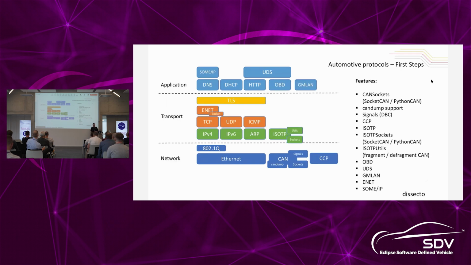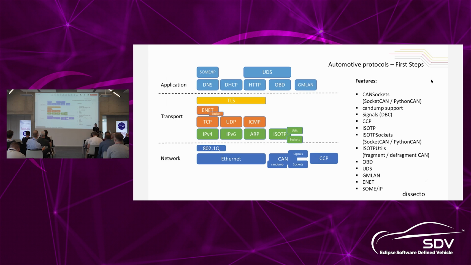And here we see what happened in the next few years. We got full CAN support, ISOTP support, and automotive specific application protocols like UDS, GMLAN, the first draft of SOME/IP, even some debugging interfaces like TCP added to Scapy.